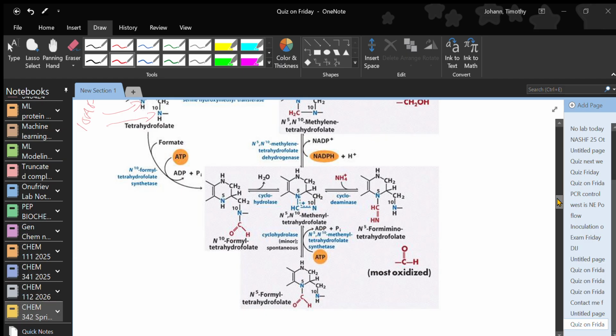This is the reaction catalyzed by our enzyme. This is actually the storage form down here, our 5-formyl tetrahydrofolate. This is the one I've got in a bottle in the lab.